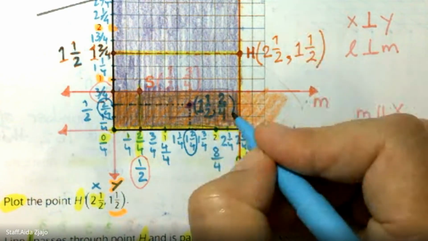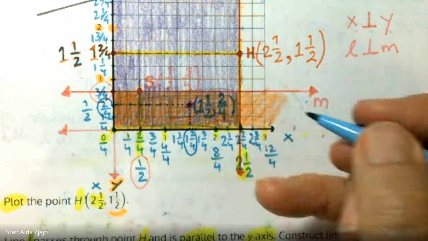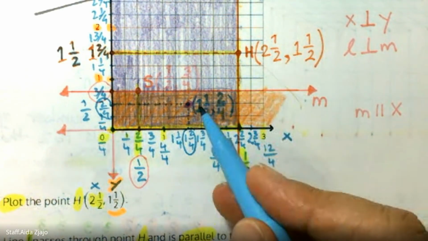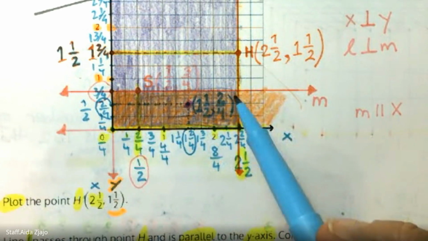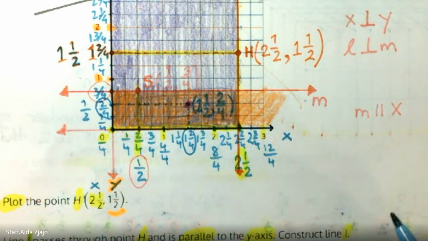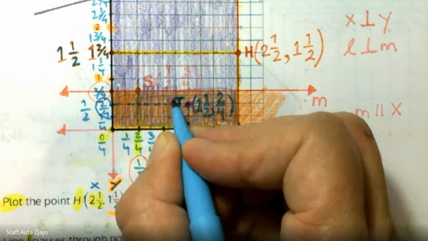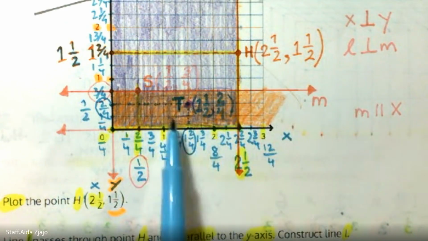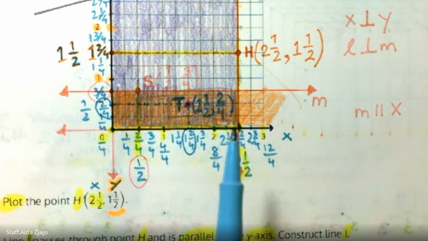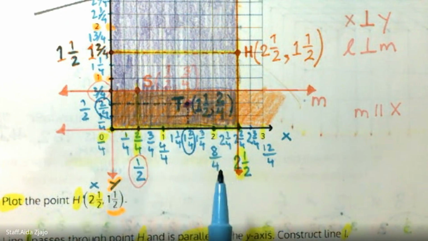It doesn't matter, we can use either option. So x is 1 2/4, and y is 2/4 or 1/2. So that is my point T, and it is in the double shaded region.